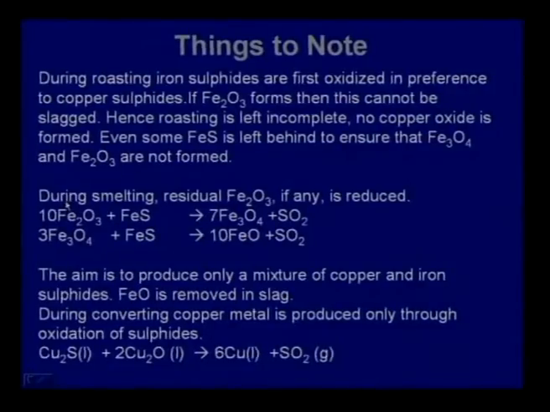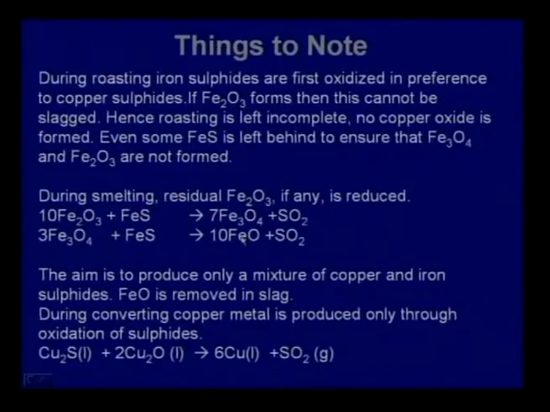Now, during smelting, if supposing by somehow Fe2O3 forms, then in the subsequent step, the residual FeS that we have will reduce Fe2O3 and Fe3O4 to the lower FeO state, and that will be slagged off.